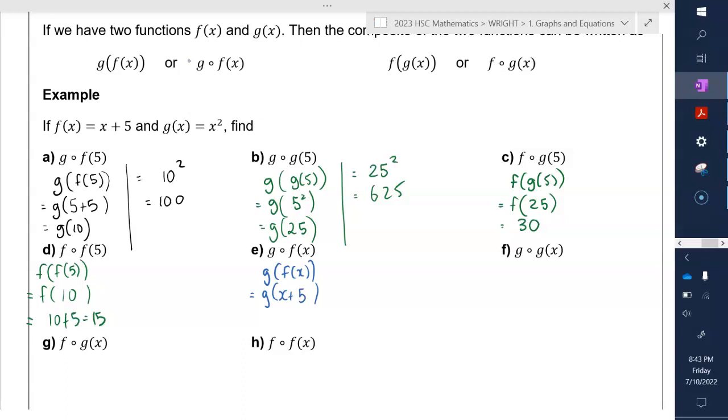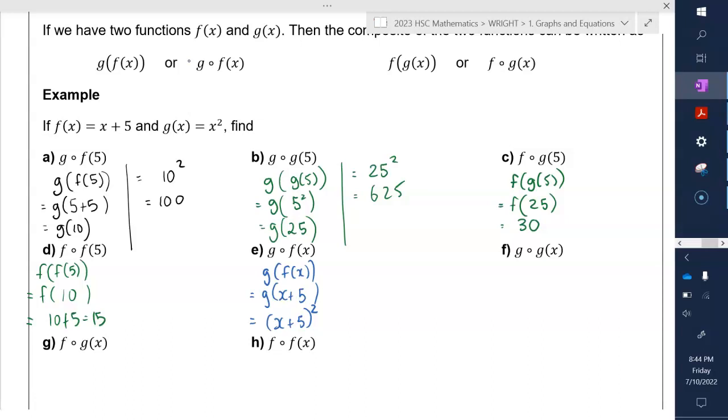And this is where I think people get really confused: we had an x, so wherever there is an x, our x was squared. We have an x plus 5, so wherever there is an x, we pop in an x plus 5, and we're going to square it. So we're going to have x plus 5 squared. So you need to be really careful with that. You can leave it like that, or you could open the brackets. Either way, I quite like to leave it just like that.